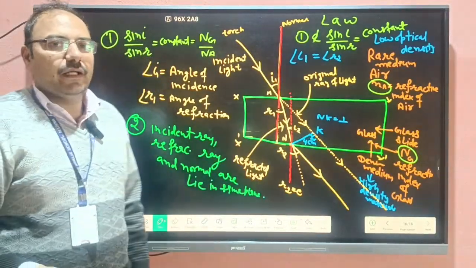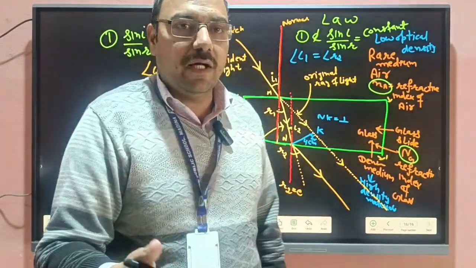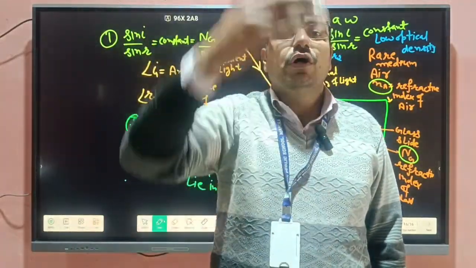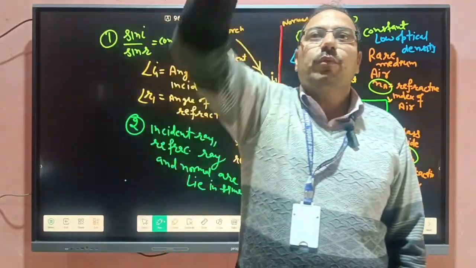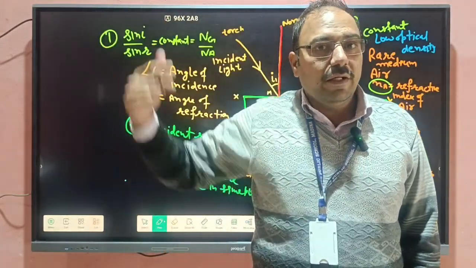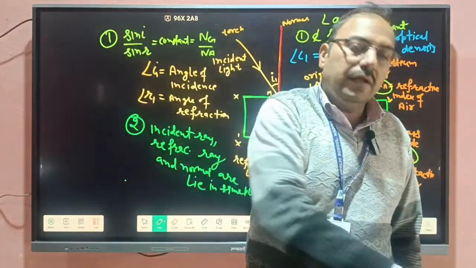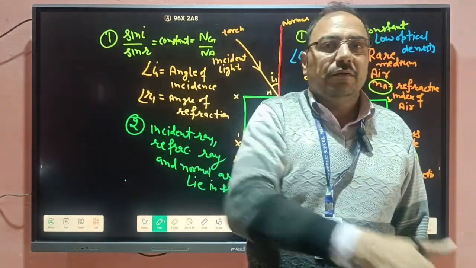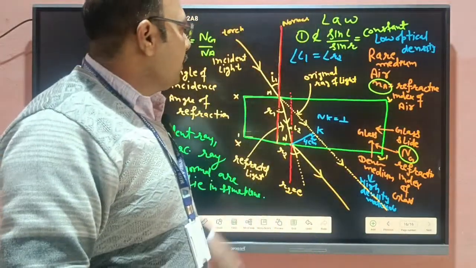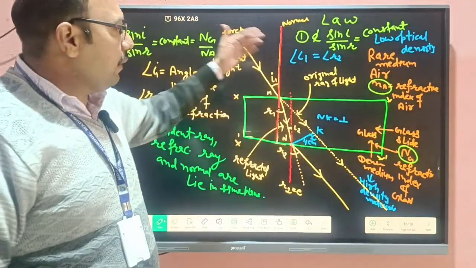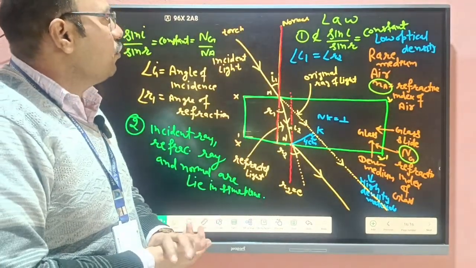So it means they do not change the plane. They lie in a single plane, like a vertical plane. Light comes in the vertical plane, and this is the normal, and after moving in different directions they stay in the same plane. For example, they move only in a vertical plane. So this is the refraction of light.